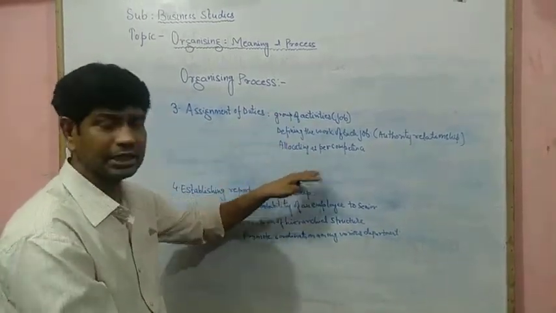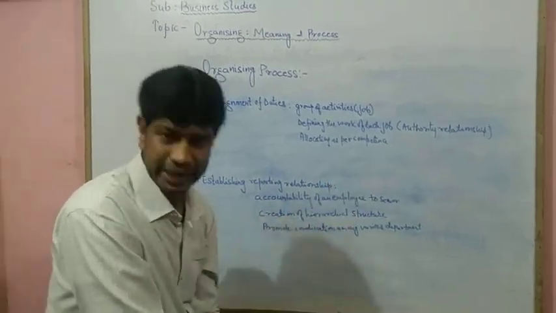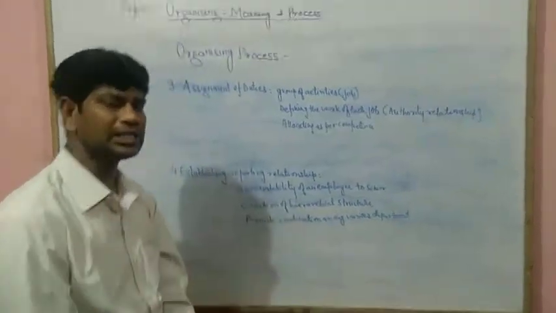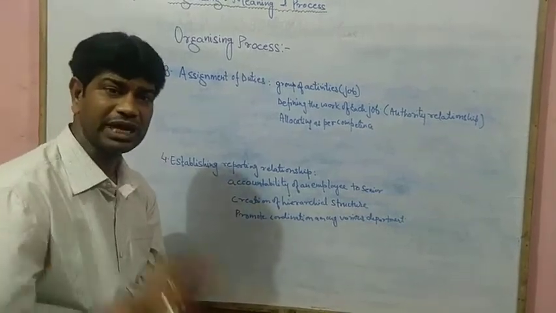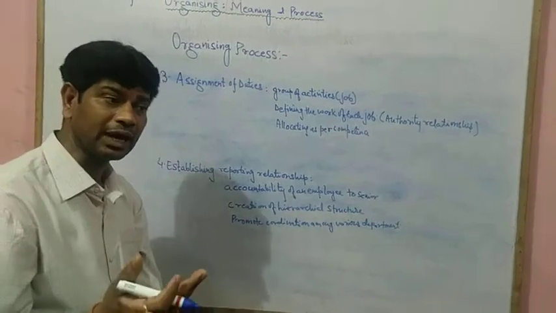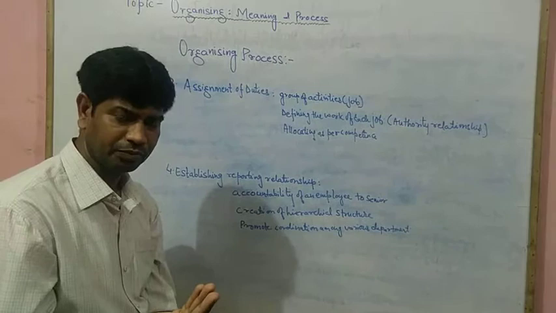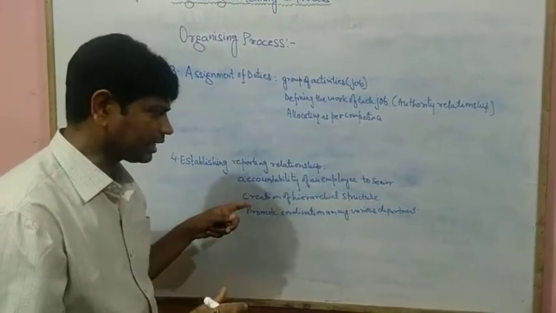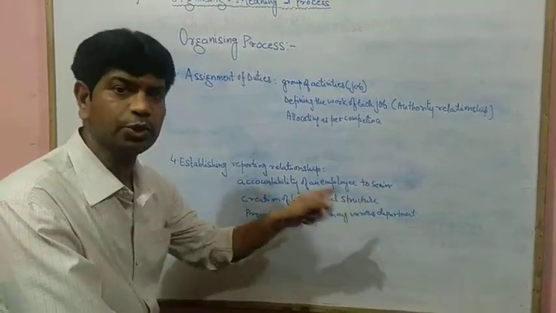These are the points that we have to take into account when we assign a job to an individual in a group. And then the last step in organizing is establishing reporting relationship. Now, establishing reporting relationship is about defining the accountability of an individual towards a superior. An individual should be held accountable for his work to a senior, to his superior.